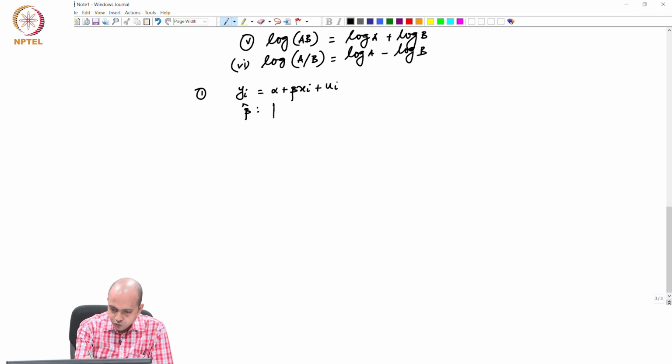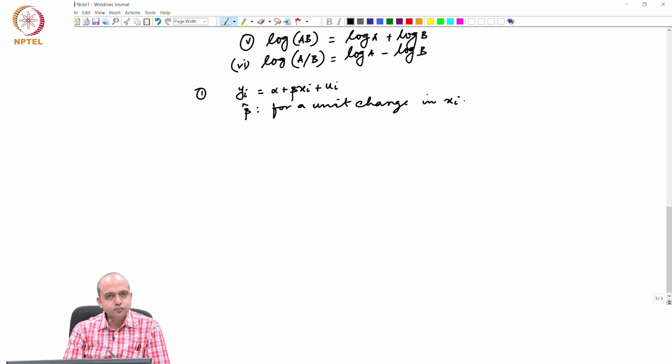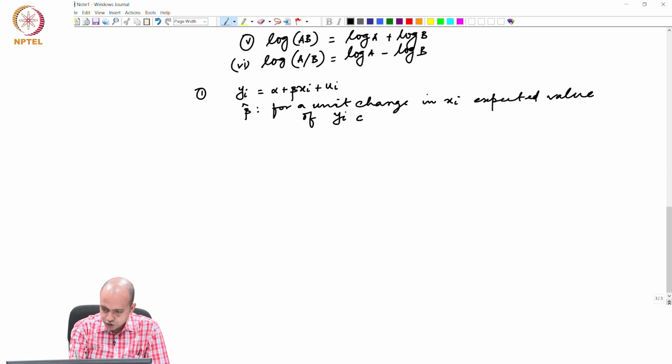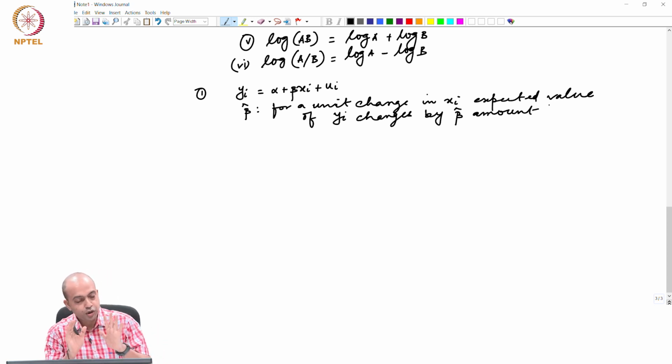As we all know, for a unit change in xi, the expected value of yi changes by beta hat amount. This is the interpretation we know so far.